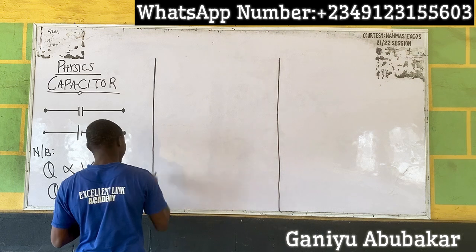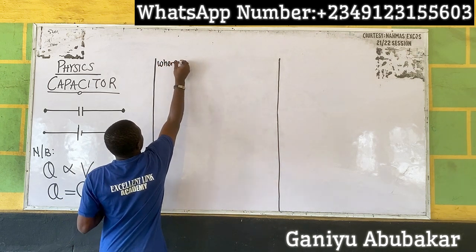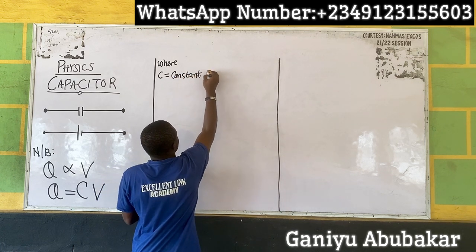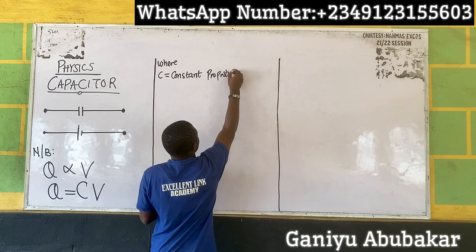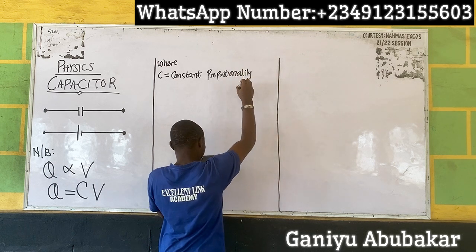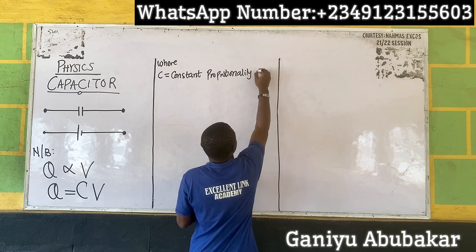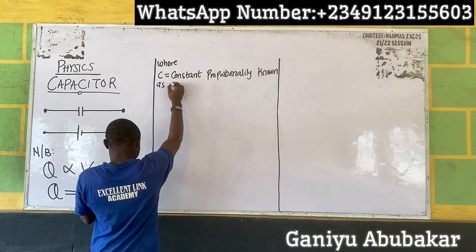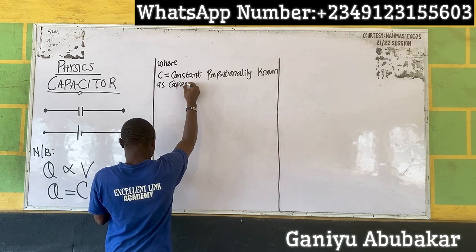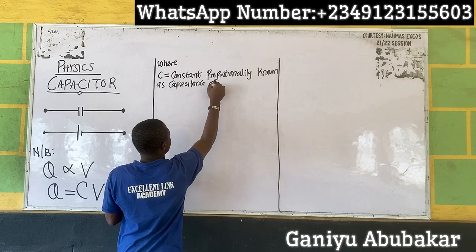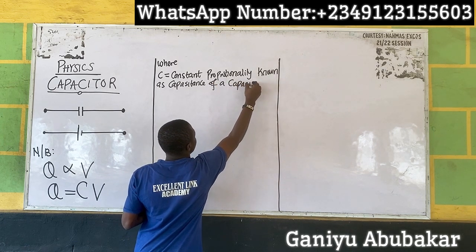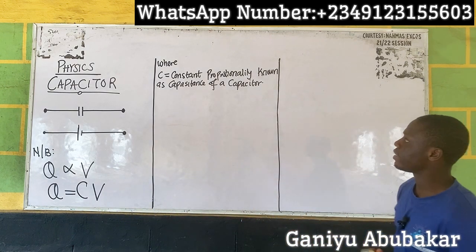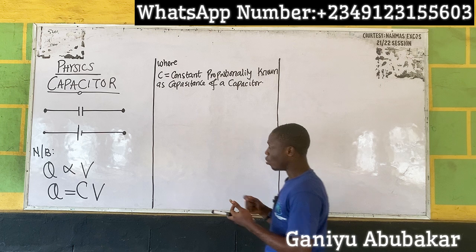So let's define C, where C is equal to the constant of proportionality, that is known as the capacitance of a capacitor, as shown on the board.